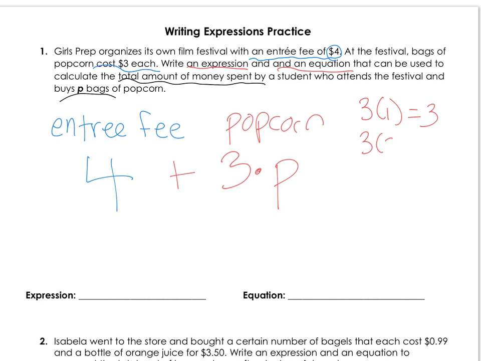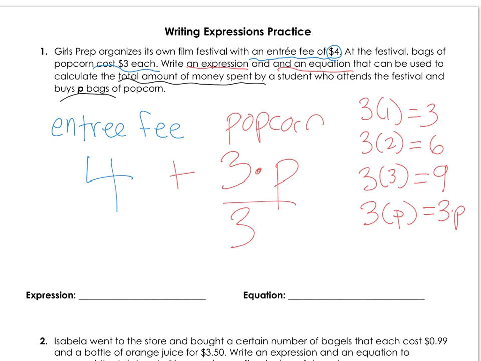If we bought 2 bags, it would be $6. If we bought 3 bags, it would be $9. So if we bought any number of popcorn bags like P, it would be 3 times P. And we can simplify 3 times P to just be 3P.